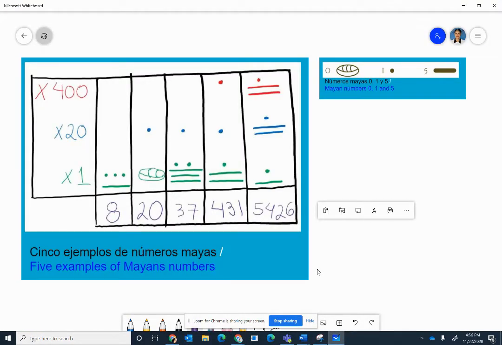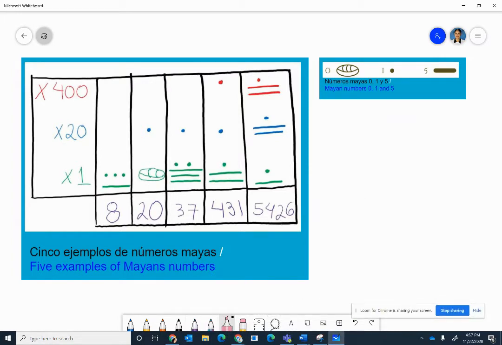First of all, we want to remember that there are 3 symbols that the Mayans used to represent numbers. The first symbol was a shell and it means 0.